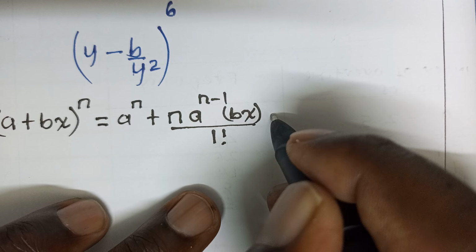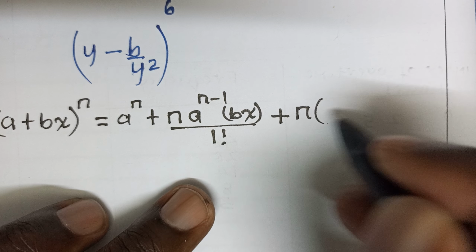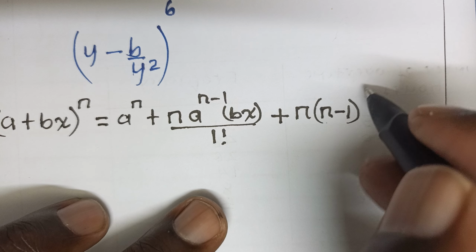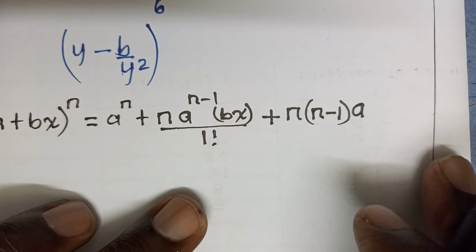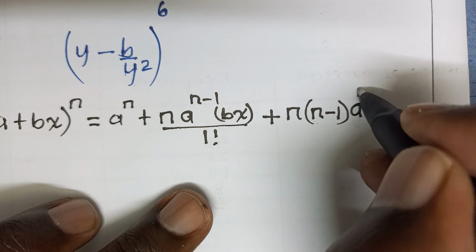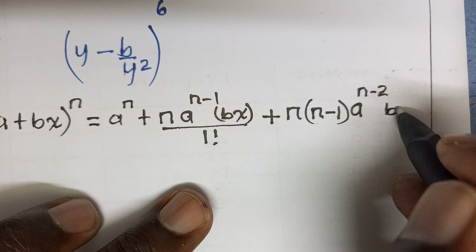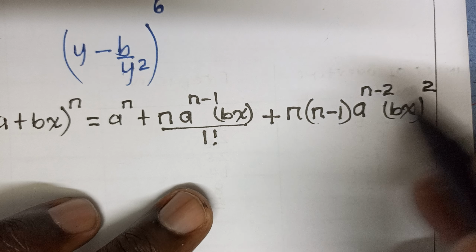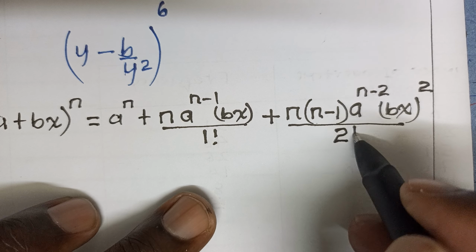Now plus n, n minus 1, and then we have a to the n minus 2, and we have bx, this is now raised to 2 all over 2 factorial.